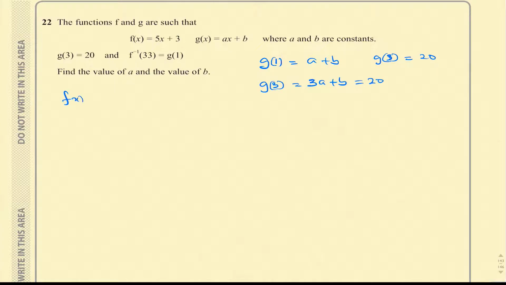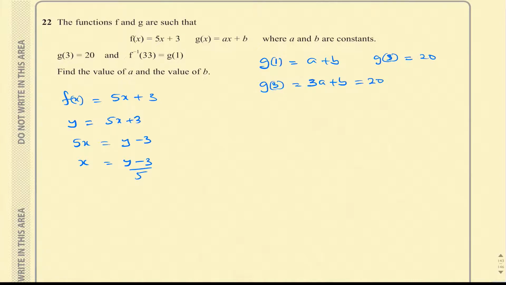We got f(x) equals 5x plus 3. So if I turn f(x) into y equals 5x plus 3, I need to make x the subject, so I go 5x equals y minus 3, x equals (y minus 3) over 5.